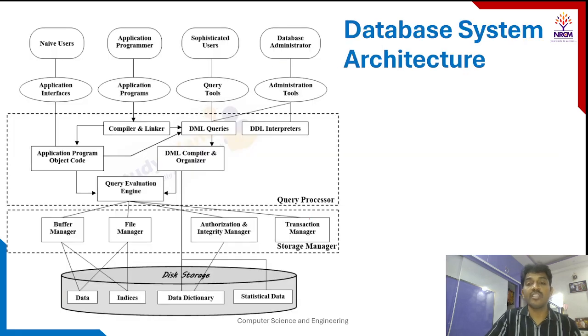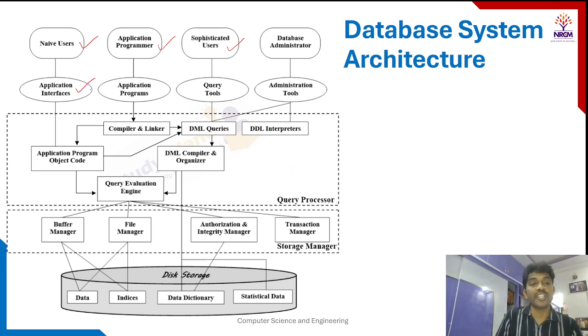And we'll see the structure of the DBMS architecture. There are various users here: application programmers, the developers, the sophisticated users and the database administrator. These persons interact with the query processor through the various interfaces.